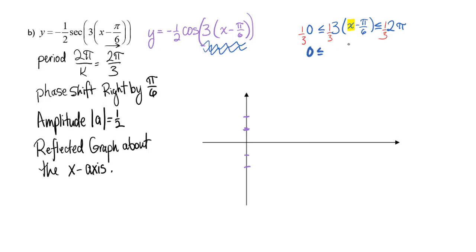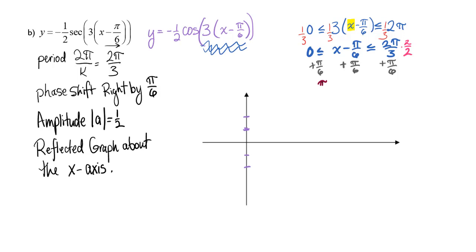0 is less than or equal to x minus pi over 6, less than or equal to 2 pi over 3. Next, I'm going to add pi over 6 to all 3 pieces, which means I'm also going to need to multiply my 2 pi over 3 by 2/2 just to get a common denominator.